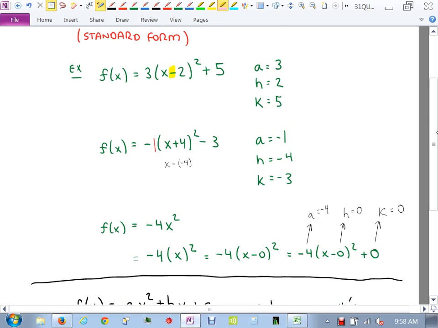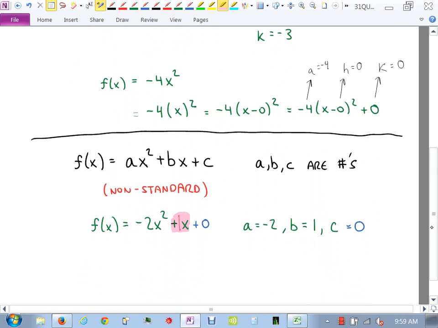None of them had an x by itself. Now you might be saying, oh yeah, there's an x right there inside the parentheses. But the issue is that, like the x minus 2, it's not by itself and it's getting squared, isn't it? Down here in this form, you have an x by itself that's not getting squared. So the way I like to try and remember non-standard is that you have this x term in there that you don't have with the standard form.